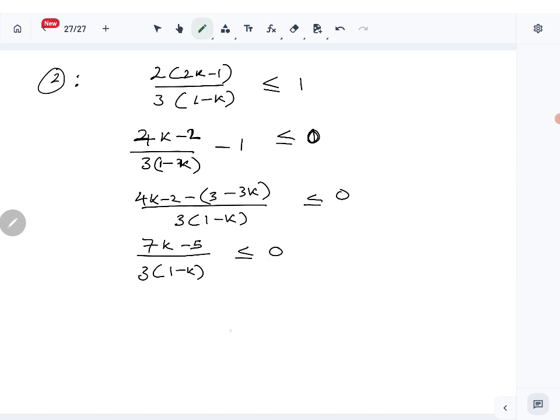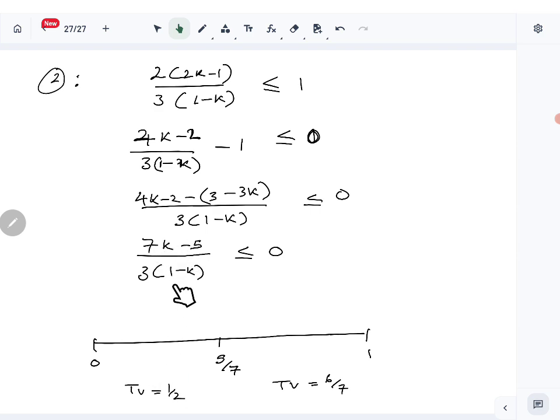Right, so again use the number line method. What are the critical values? 5 over 7 and 1. So use some test values. Take half, and take 6 over 7 in this interval.